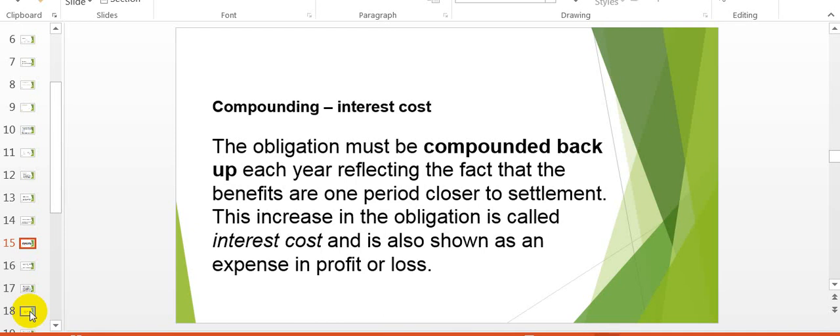You apply the interest on the opening balance of the obligation. This interest cost is netted off against the interest income from the plan assets. We'll look at the plan assets shortly, but you get the two interests, one on the obligation and one on the assets, and net the two. If the interest on the obligation is higher than the interest on the plan asset, that goes as an expense in the P&L.